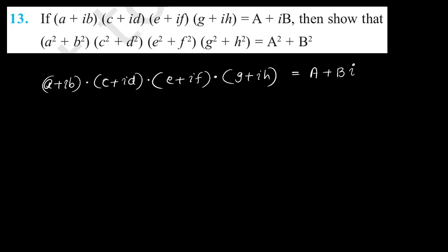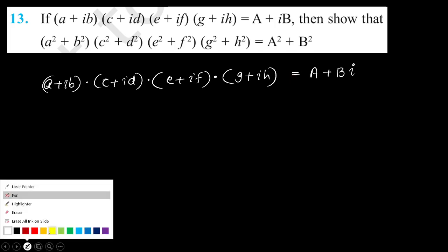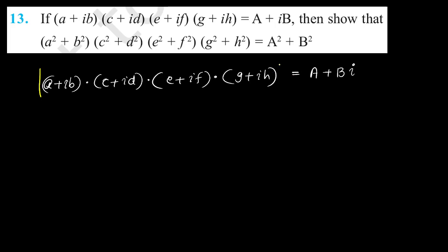So what I am doing is, if I take modulus sign on the left side, I must take modulus on the right side. Whatever you write on the left side, write the same thing on the right side. Okay, clear.